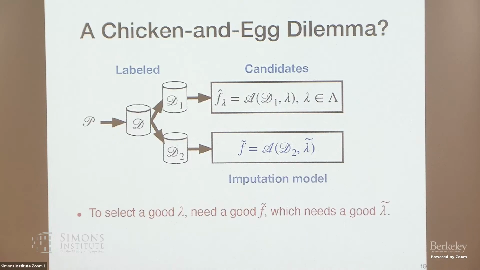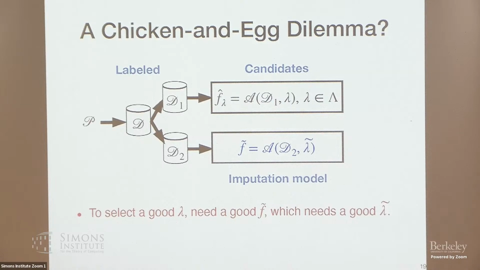But there seems to be a chicken and egg dilemma, because on the one hand, we don't know which lambda, which hyperparameter, is the best to use. So we want to find some data-driven way to tune this lambda, right? We want to select a good lambda with the help of an imputation model F. But the imputation model itself requires another lambda tilde, right?